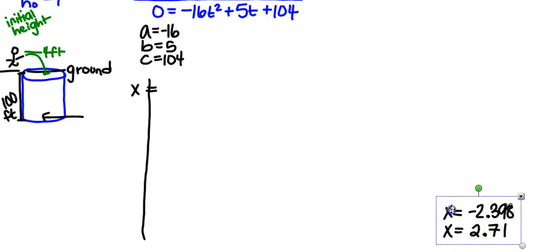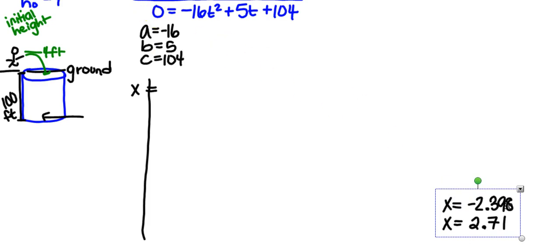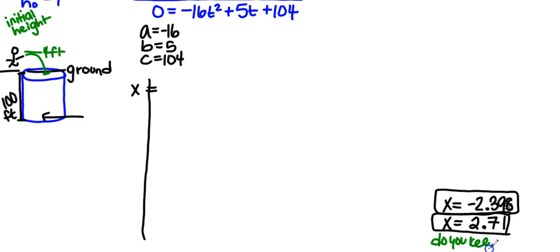The question I'm going to start class with tomorrow is, which one of these do we keep? So I get both these answers. Maybe I should put them in separate boxes. I get this as an answer, and I get this as an answer. So the question, do you keep both, is what we will start class with tomorrow.